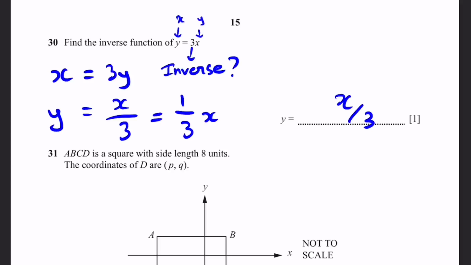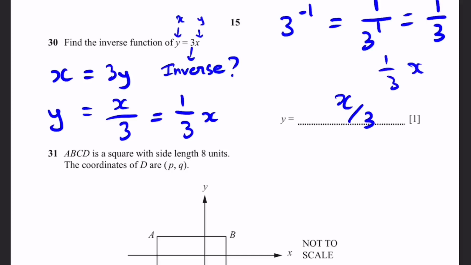So that's what we need. If you want to find that, inverse is also to the power of -1. So 3 to the power -1 equals 1 by 3 to the power 1, which is equal to 1 by 3. So that's a second way to do this. So it will be 1 by 3x, and that's equal to x by 3. So these are two methods which you can solve the inverse function.